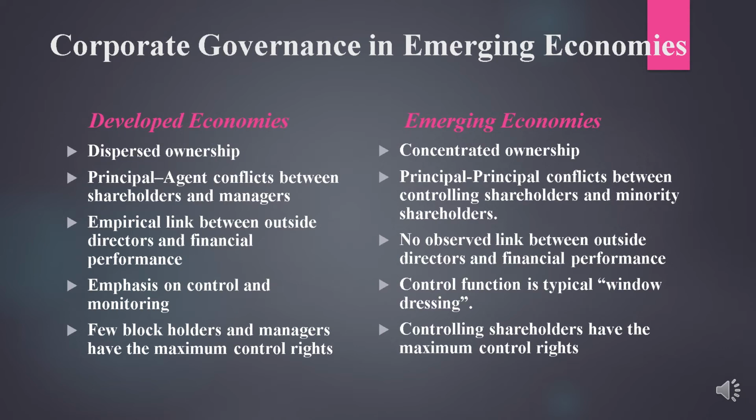It is believed that to enhance corporate governance is to increase the number of outside directors on the board to help improve firm performance, presumably independent. But this is not the case in China, as studies fail to detect an empirical link between outside directors and financial performance.